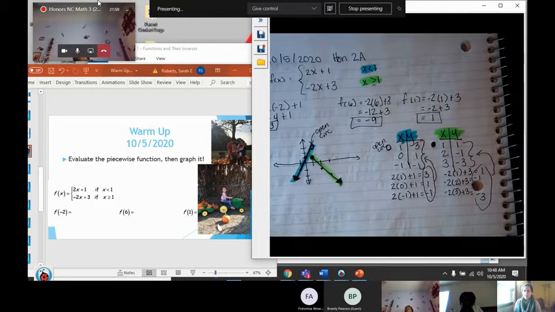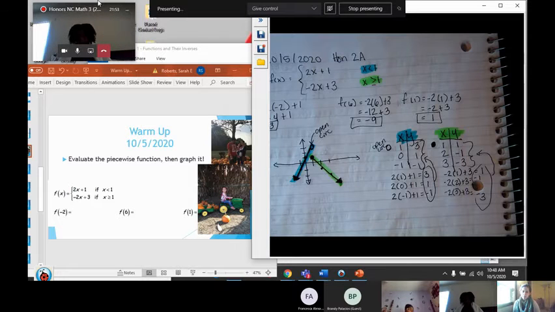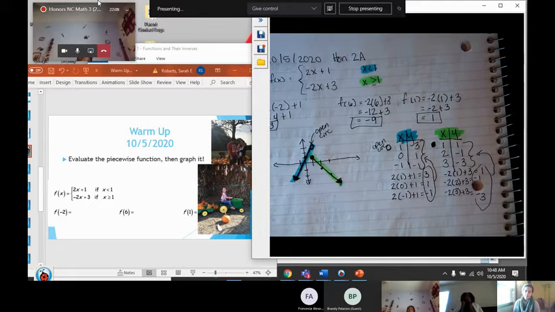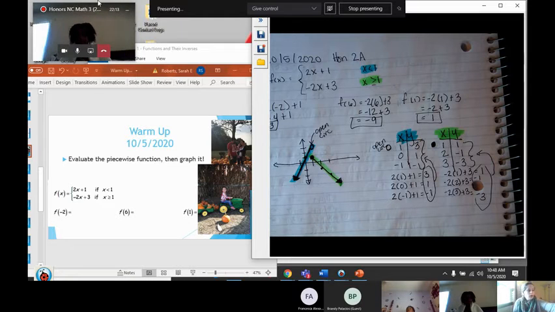Okay, so questions on that green function. Okay, so we've evaluated points and we've graphed it. And that's pretty much it for our warm up. Any last questions before we move on?